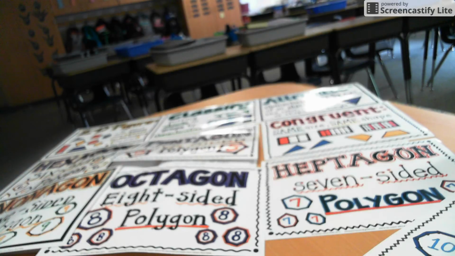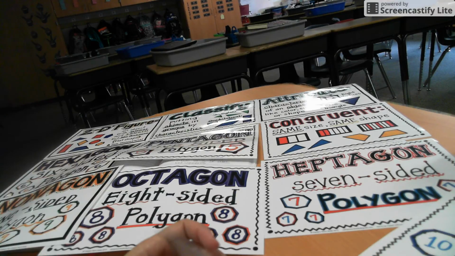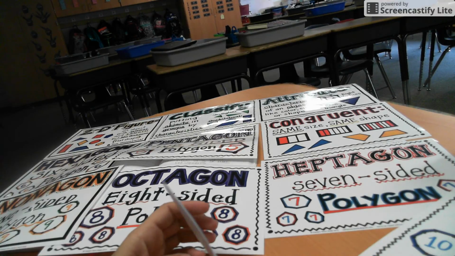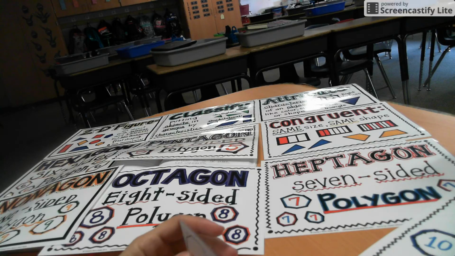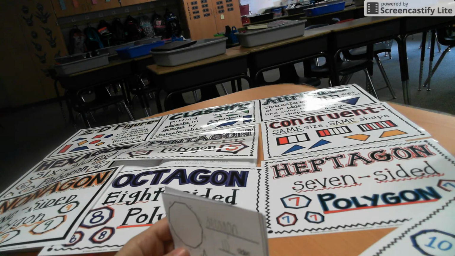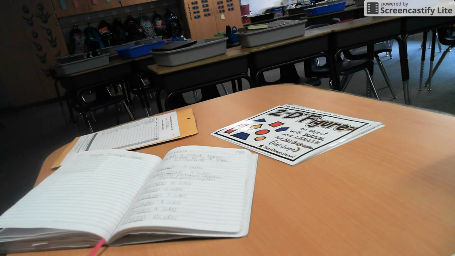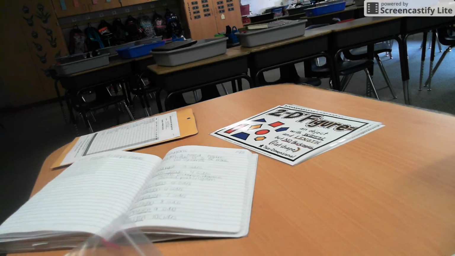So what you're going to do with all these cards, you got a plastic bag that you took home with you for homework. You're going to take all of your polygons, your triangles, your quadrilaterals, pentagon, hexagon, heptagon, octagon, nonagon, decagon. You're going to put them all in the Ziploc bag. So go ahead and do that now. All right, I cannot find my little Ziploc bag, so I had to get a big one, but you have a small one, and you're going to put your cards in the Ziploc bag.